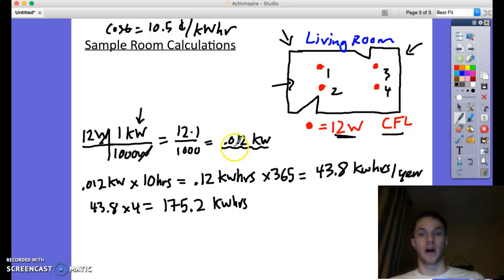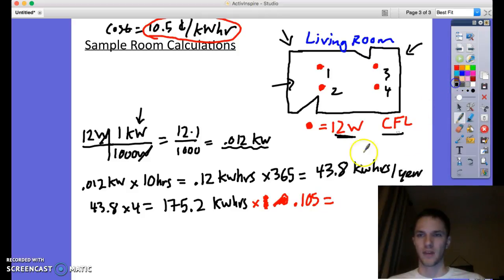Now I've got to figure out the cost. We know that the cost in Seattle is about 10.5 cents per kilowatt hour. So if I take this value and multiply it by 10.5 cents, I'm not going to multiply it by 10.5 because I want this to be in dollars. So I'm going to multiply it by 0.105.